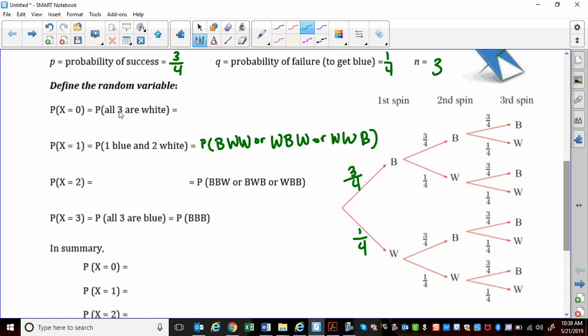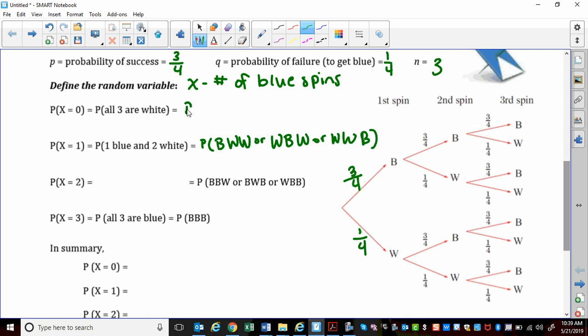Now, the probability of getting all white. It says to find the random variable. Well, X is going to be the number of blue spins. This is going to be my success. So getting all white is going to be a failure.